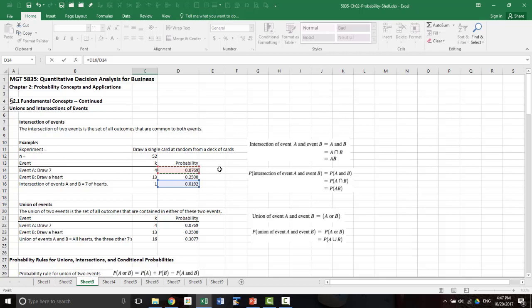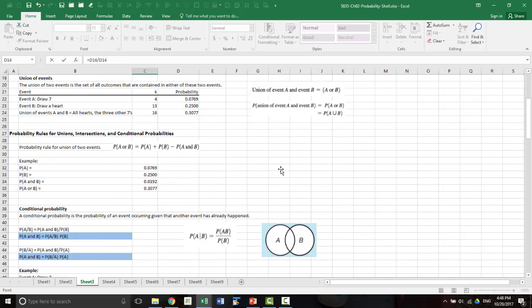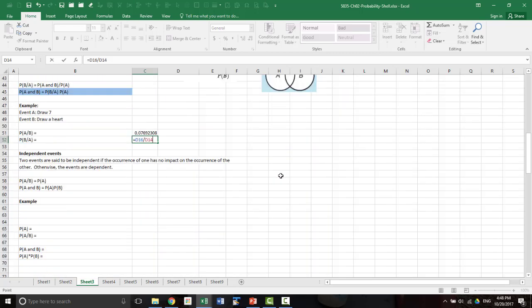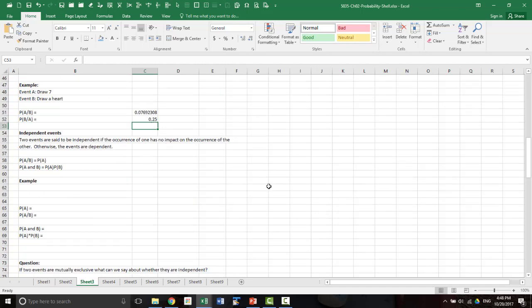So the shrunken sample space has 4 outcomes, and one of them is a heart. The others are not. So 1 over 4, and you see that when you divide probability of A and B by probability of A, you get 0.25.